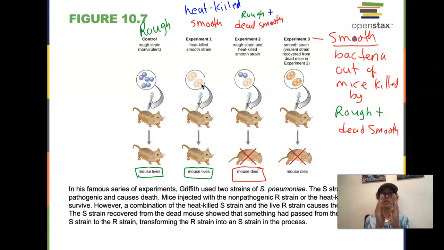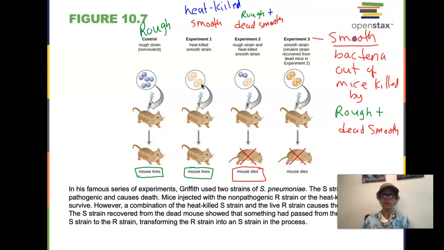So you could have a test tube of suspended dead smooth bacteria and be able to extract the carbohydrates, the proteins, the RNA, and the DNA. And then do an experiment where the carbohydrates from smooth bacteria are added to rough bacteria, or the proteins from smooth added to rough, or the DNA from smooth bacteria added to rough, or the RNA.